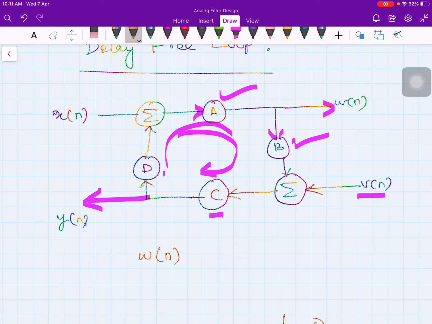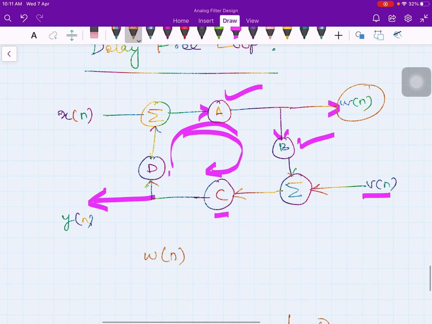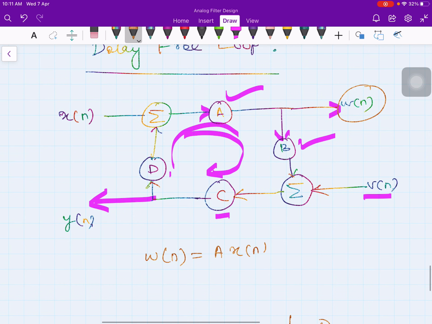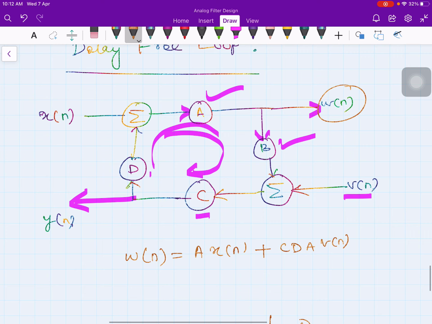W of n, where this point is equal to A times x of n plus C times D times A times V of n, right, plus B times C times D times A times W of n.